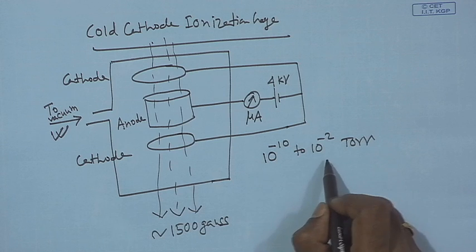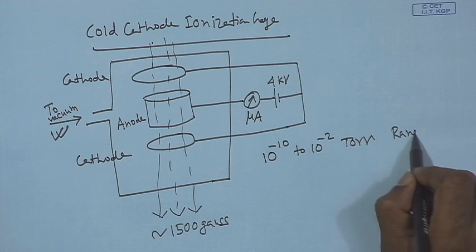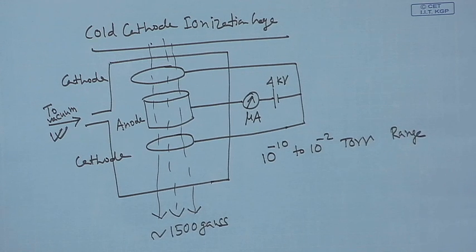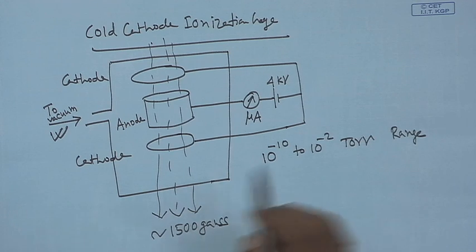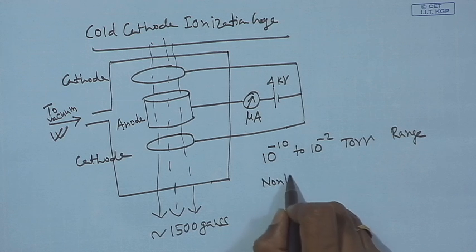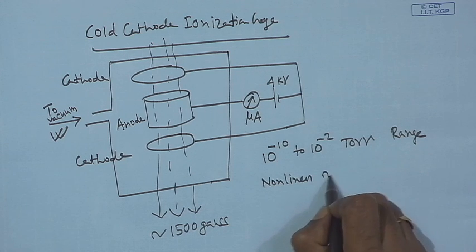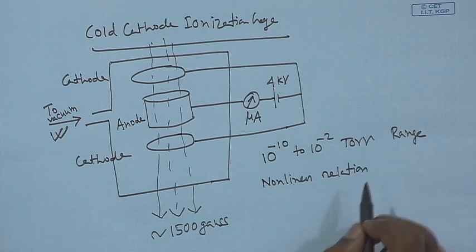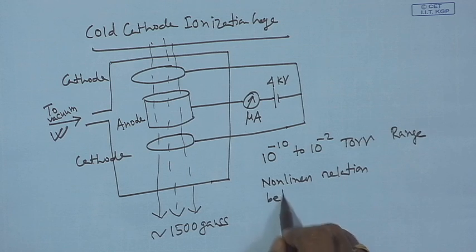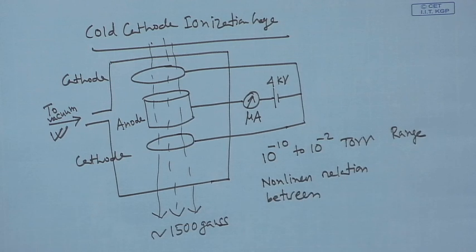So, this is the normal range of cold cathode ionization gauge. However, we have a nonlinear relation between the meter reading and the pressure.